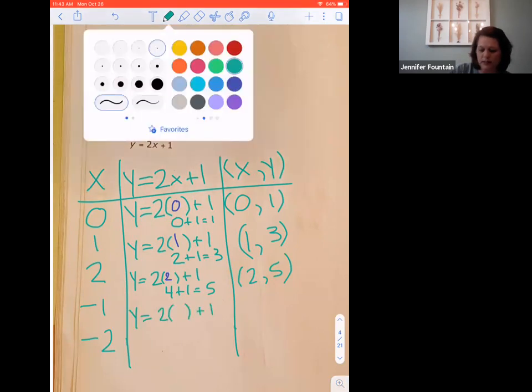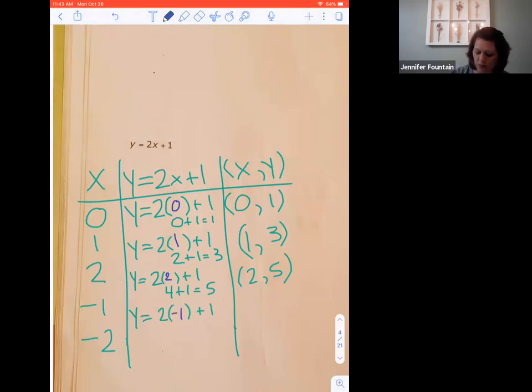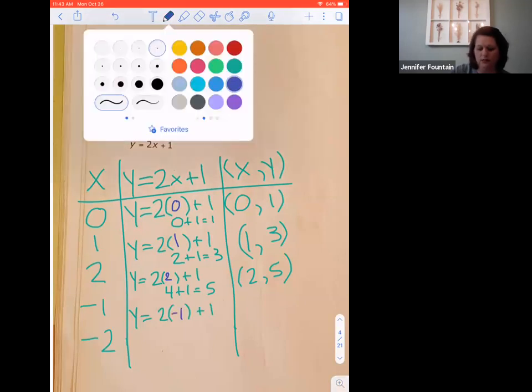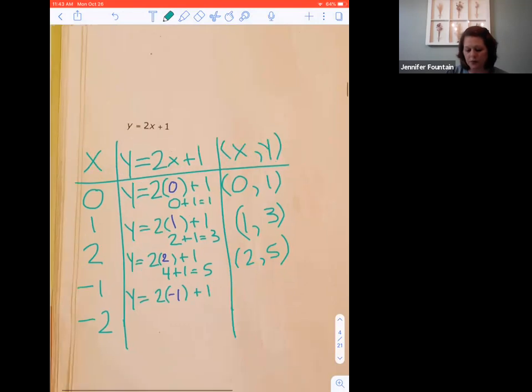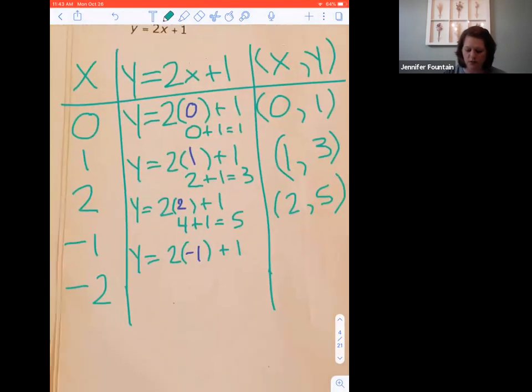In those parentheses, I'm going to plug in -1. This is where I've got to be careful with my negatives. 2 times -1 is -2. -2 plus 1 is -1. Remember, opposite signs, take the sign of the larger, find the difference. So if x is -1, y is also -1.